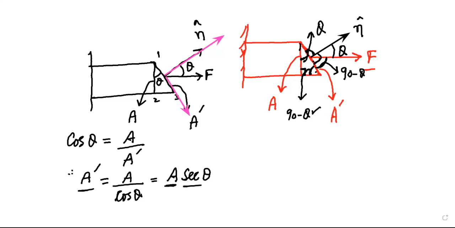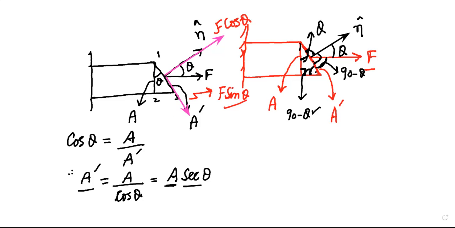So this F we have resolved into two components. One component is along the unit normal, that is F cos theta, and another component is parallel to the area of cross section. We call this component F sine theta.